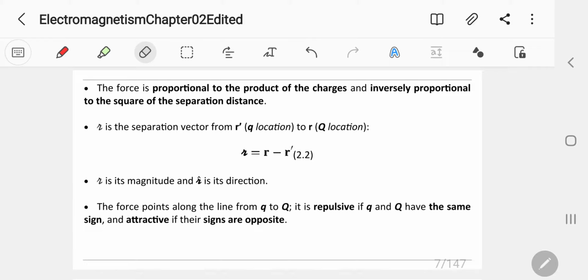The force points along the line from small q to capital Q. And by the way, the force is repulsive if the two charges have the same sign, say, for example, both are positive or both are negative, and they are attractive when the two charges have opposite signs.